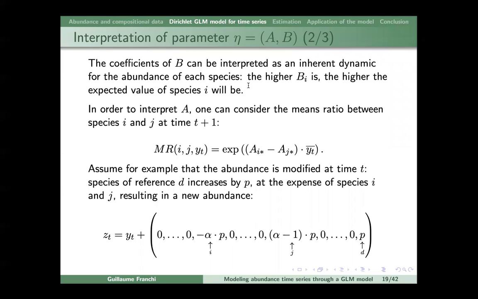Alpha is just an impact factor. For example, if alpha is equal to 1, species I is not affected at all, only species J. If alpha is equal to 0.5, it means that both species are affected the same way.